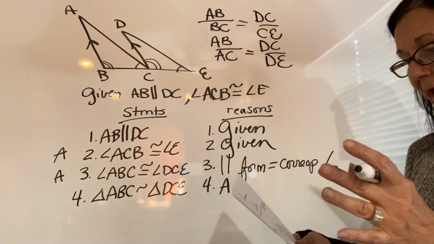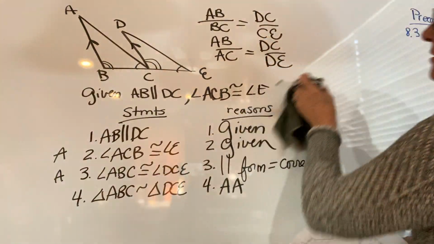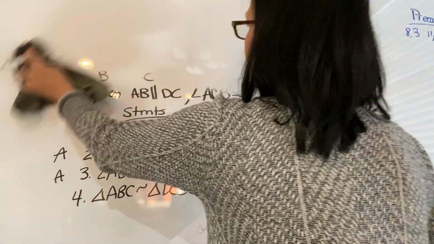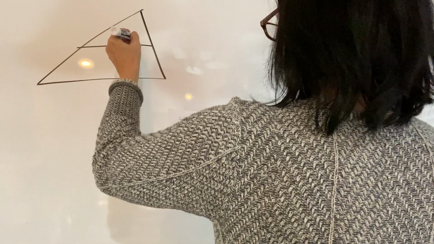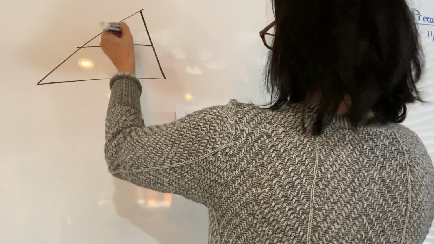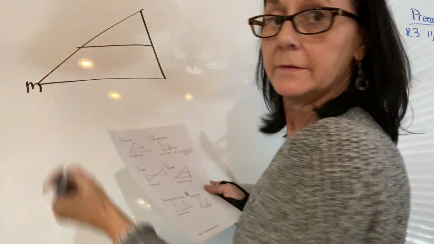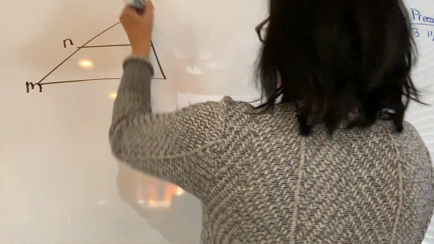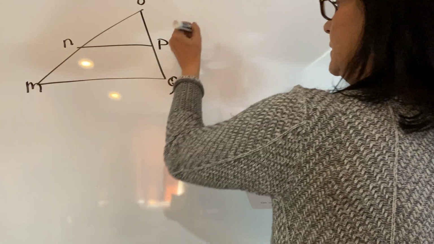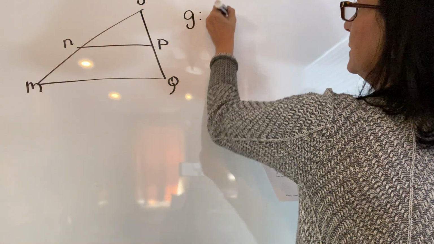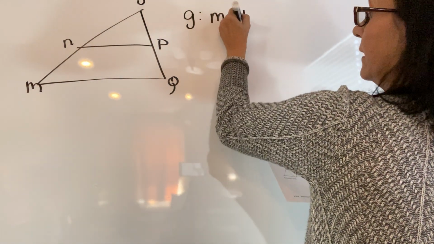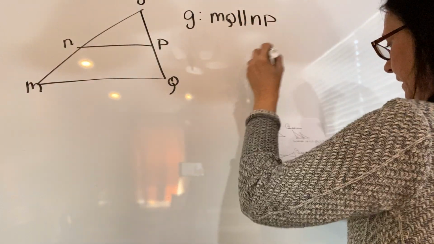All right, now, what if this looked like the side splitter theorem? And this is M, N, O, P, Q. The only given statement is MQ is parallel to NP.